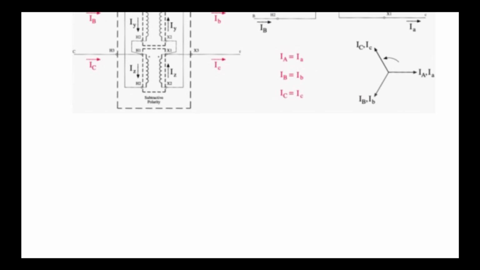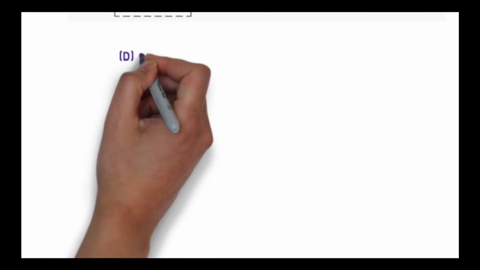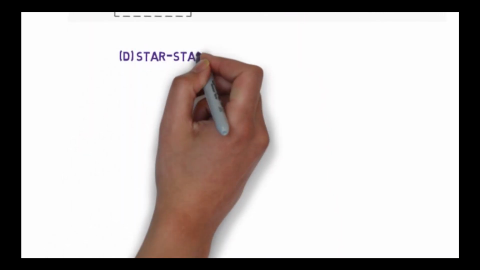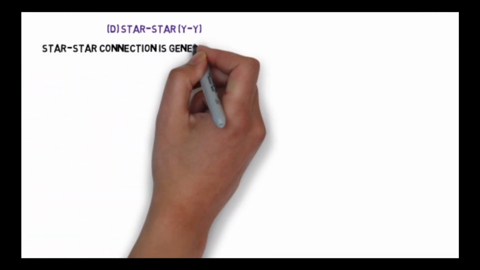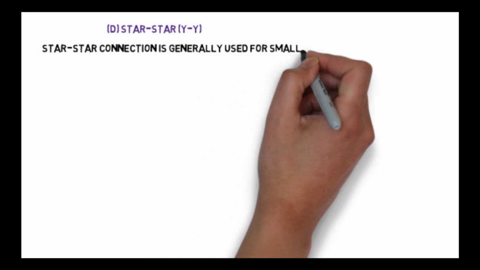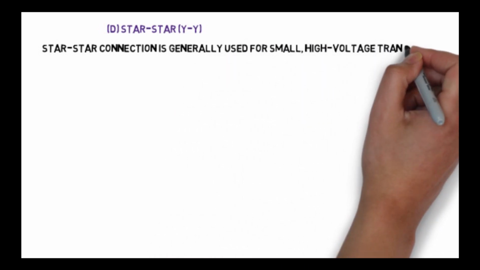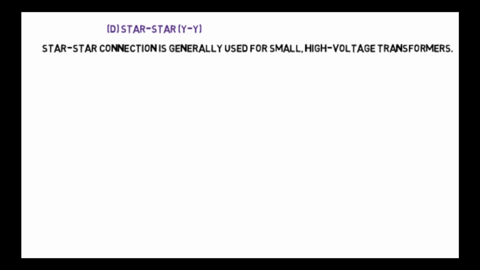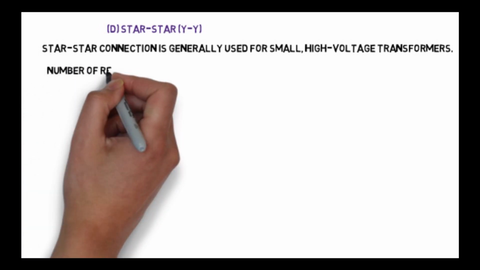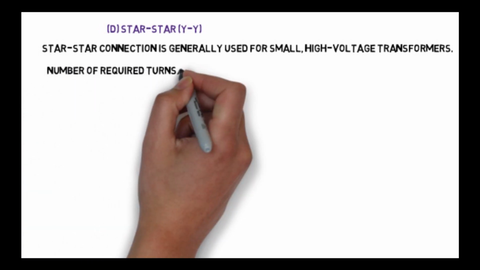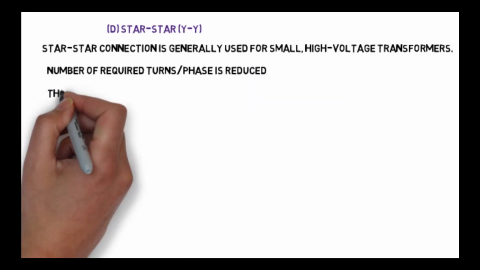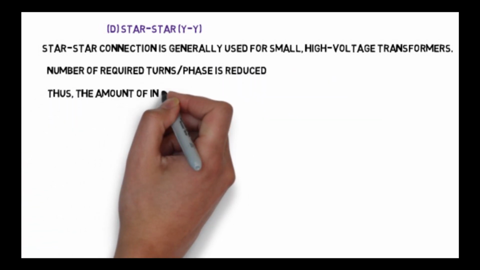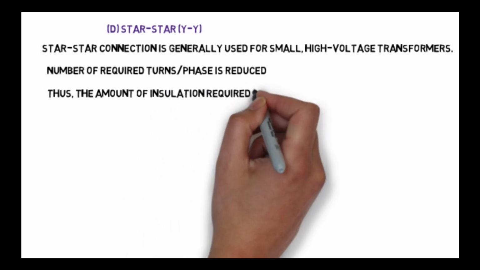The last type of connection is star to star type connection. Star to star type connection is generally used for small high voltage transformers. Number of required turns per phase is reduced. Thus, the amount of insulation required is also reduced.